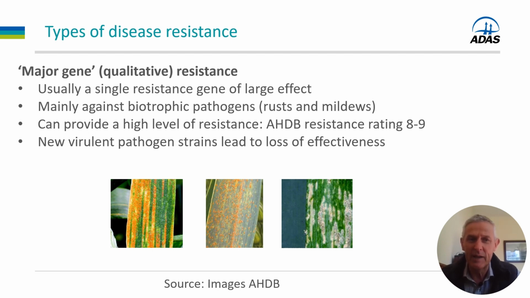And that's its Achilles heel because a single mutation in the pathogen can be enough to overcome a single resistance gene. And that can lead to new virulent pathogen strains that cause loss of effectiveness of that resistance.